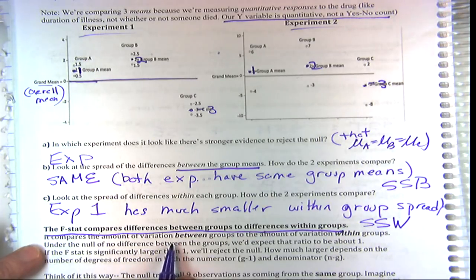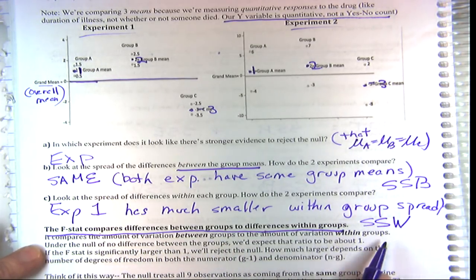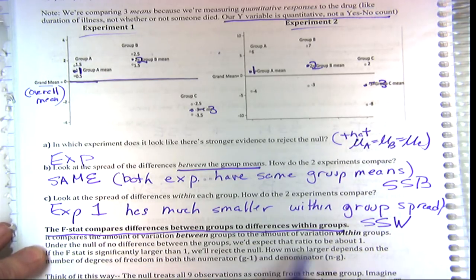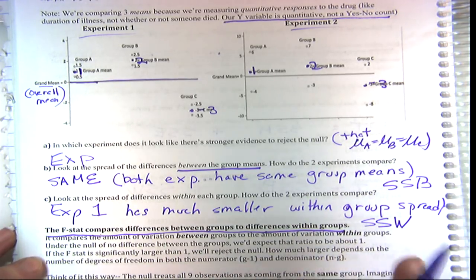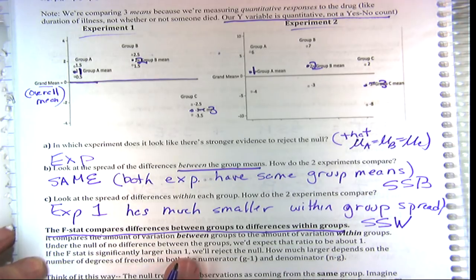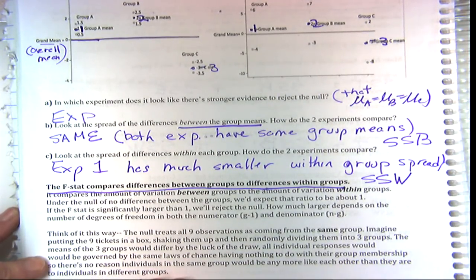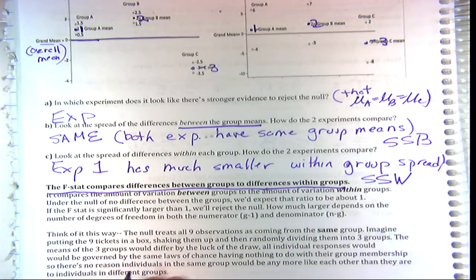It compares the amount of variation between groups to the amount of variation within. Under the null, if there's no difference between the groups, we'd expect that ratio to be about 1. If it's significantly larger than 1, we'll reject the null. Okay? All right, so that's pretty much the idea.